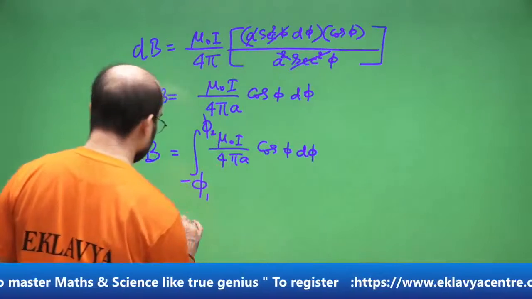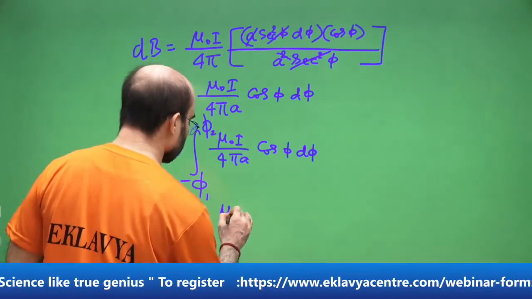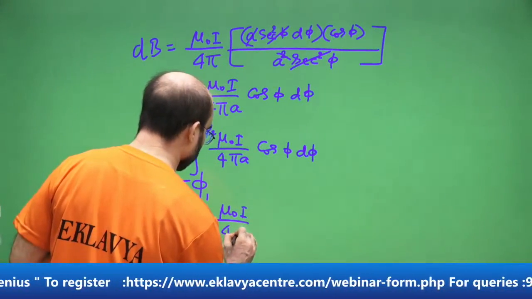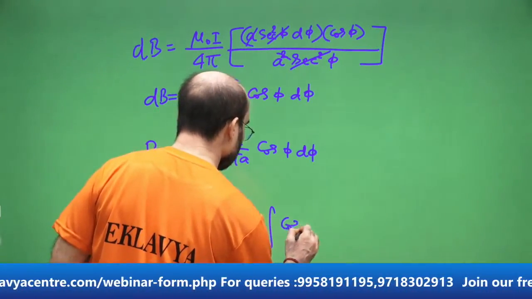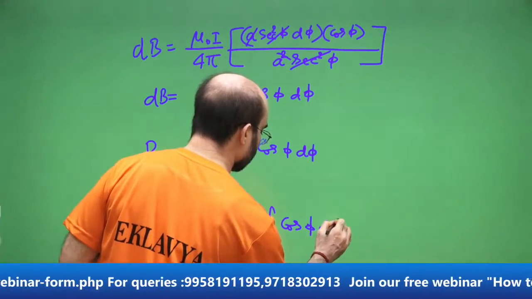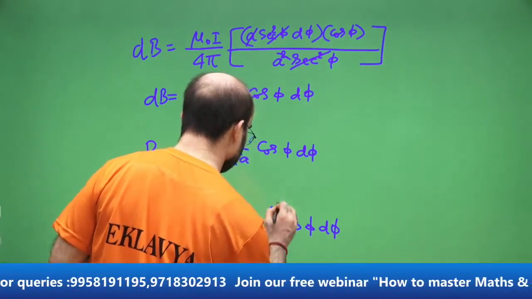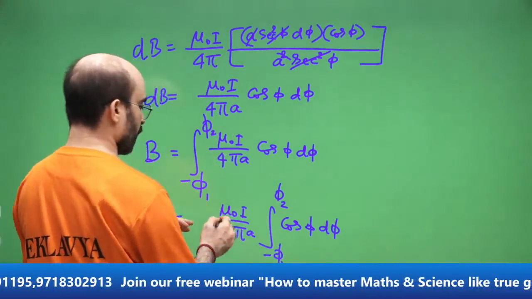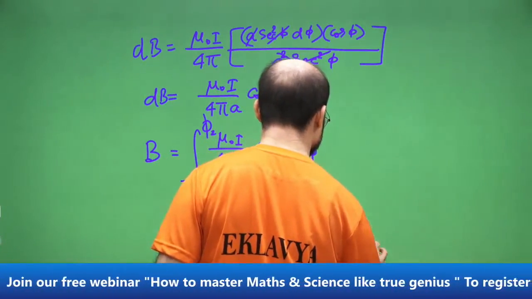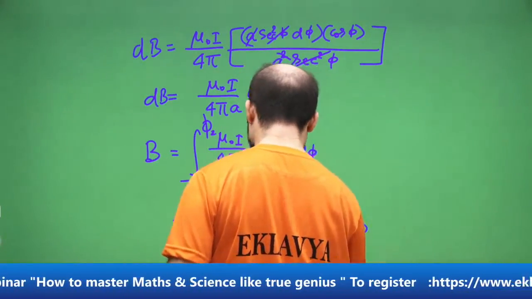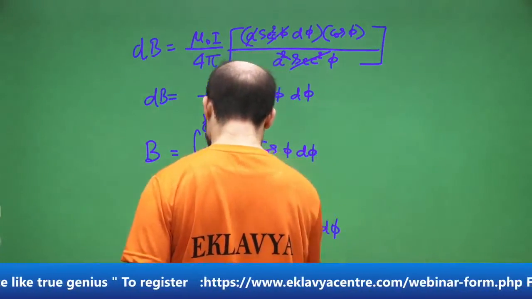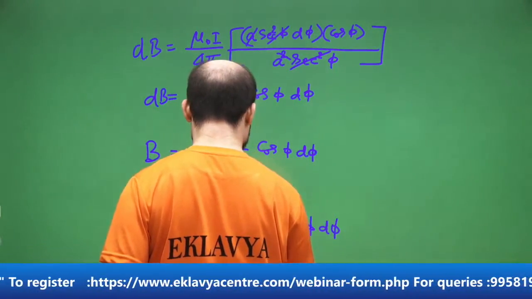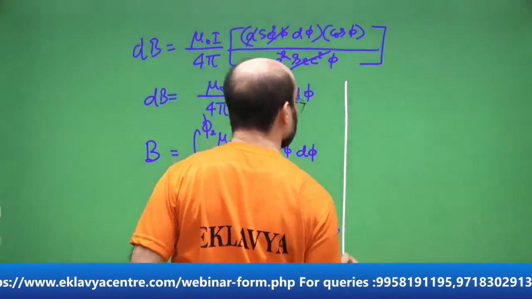Let us move further. We are all aware that mu naught I upon 4 pi, being constant, is taken out of the integral, so cos phi d phi from minus phi 1 to phi 2, and finally we get this.